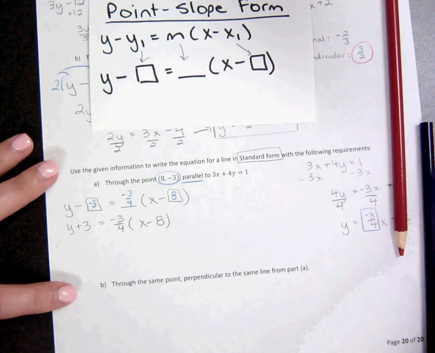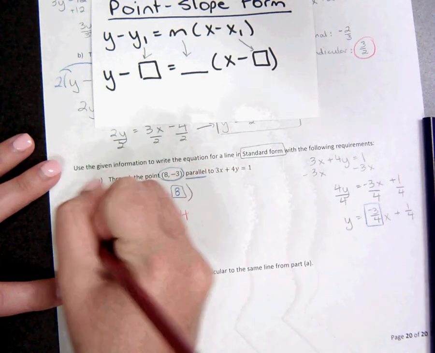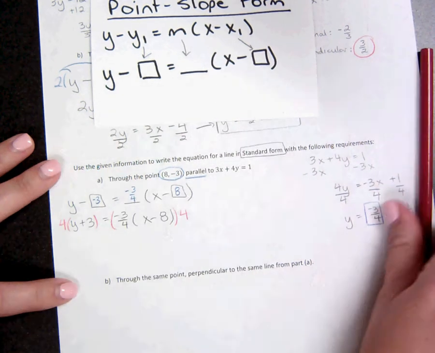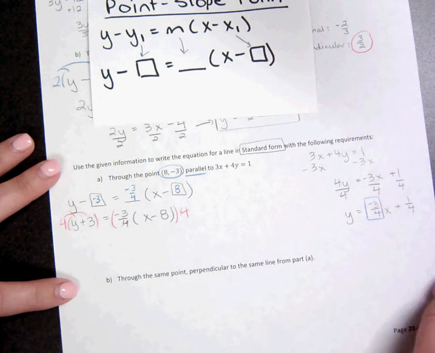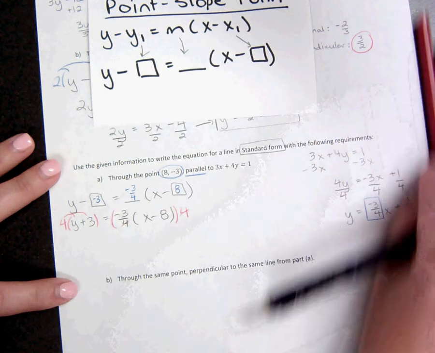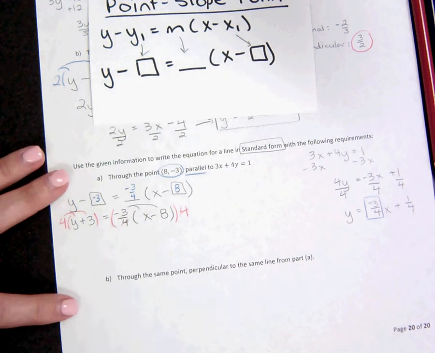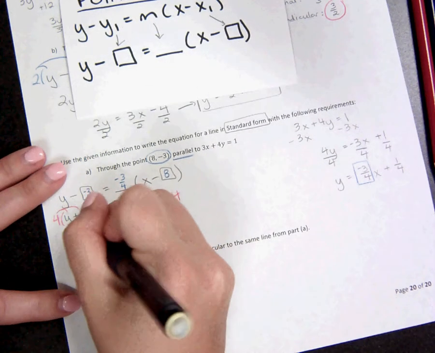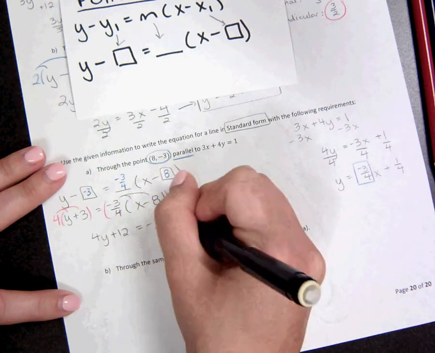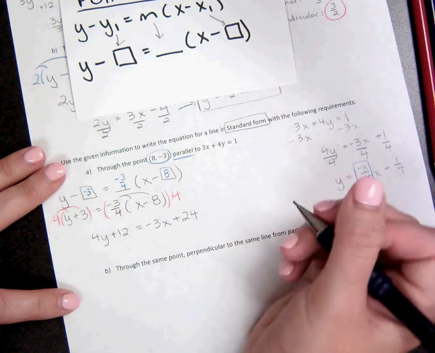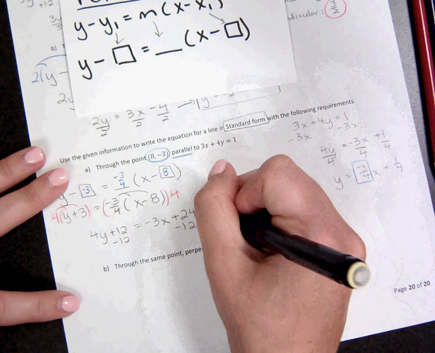And then I'm going to kill the fraction because I don't want to see it anymore. The 4's cancel on the right, distribute on the left. And I'm going to distribute this as well so I can get it all done in one step. So that gives me 4y plus 12 equals negative 3x plus 24. And I'll move the 12 to the other side.